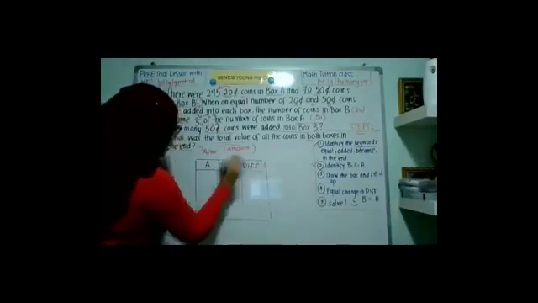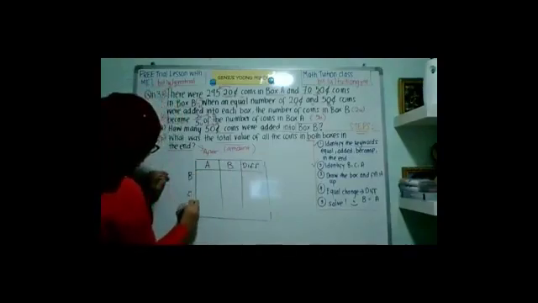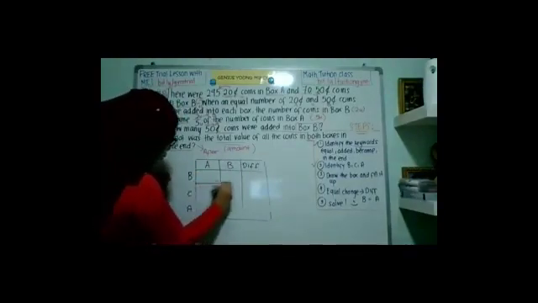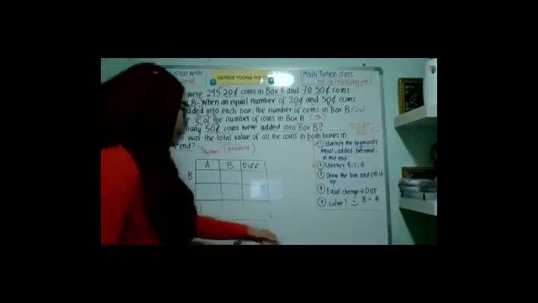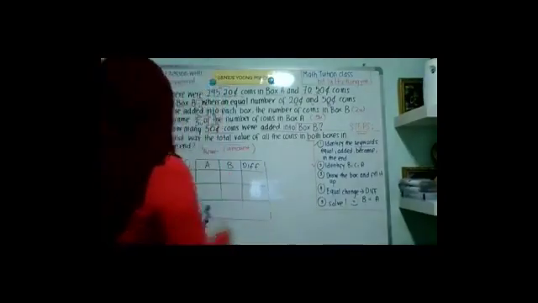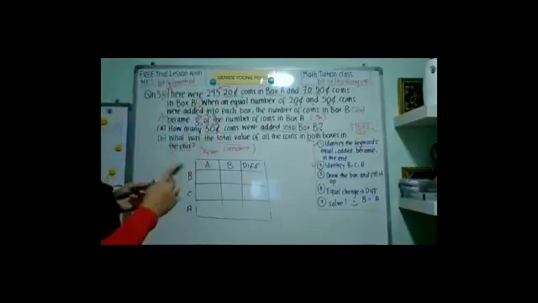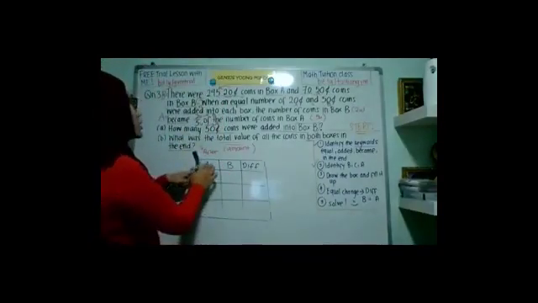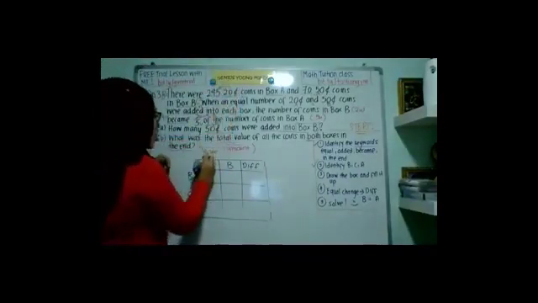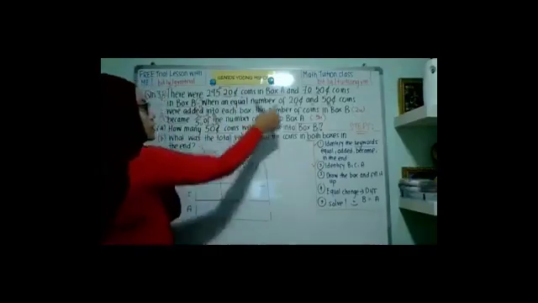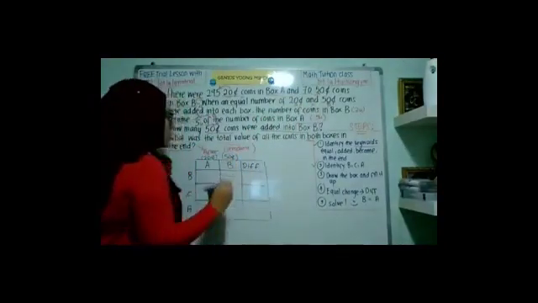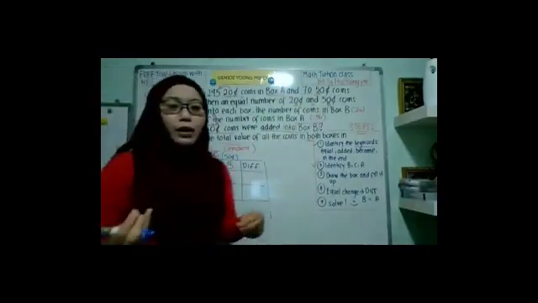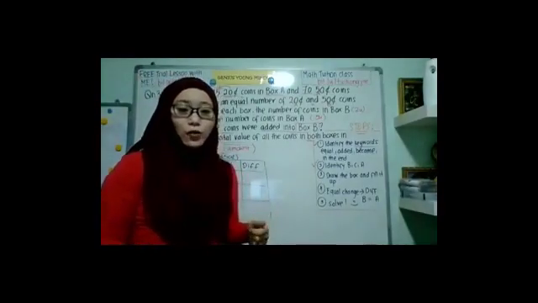I use short form, okay? We put our B, we put our C, we put our A, then you draw all the lines. So are we ready to fill it up? Yes, we are. Very easy. Just remember that box A is 20-cent coins, so you put 20 cents on top here. Box B is your 50-cent coins, so you put 50 cents on top here. Because in this question, they play around with the value of coins.